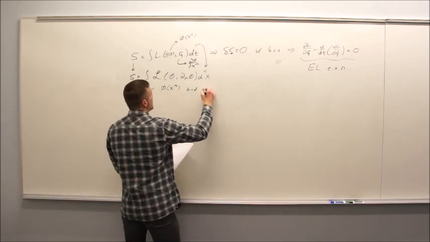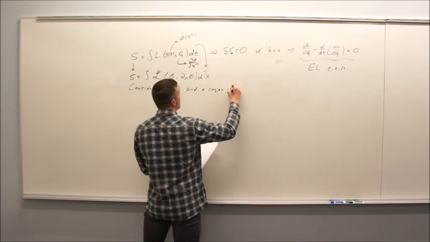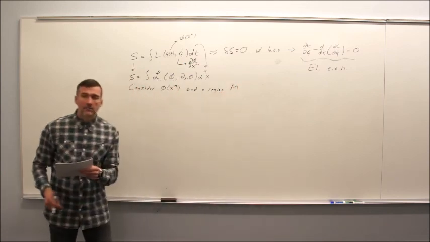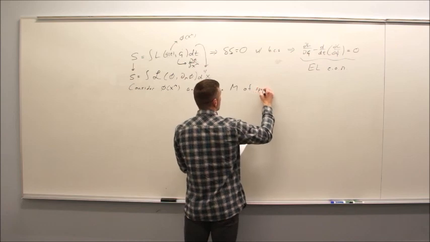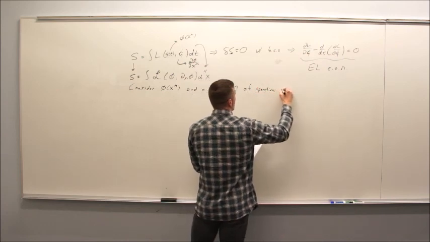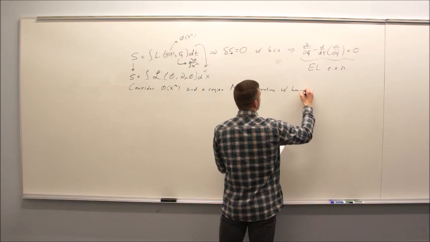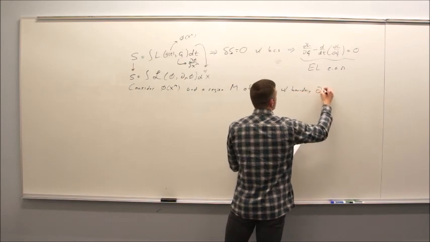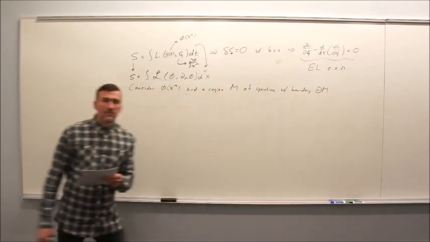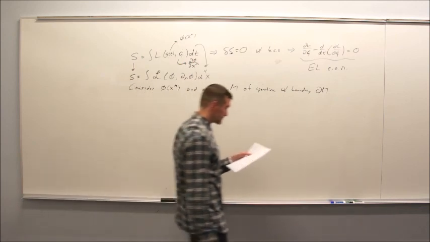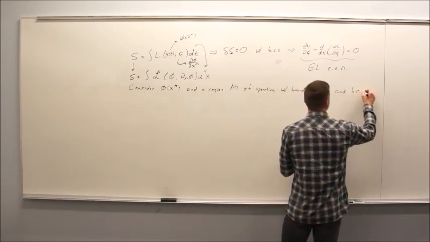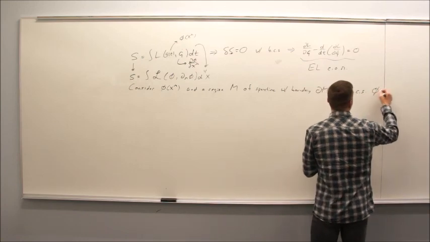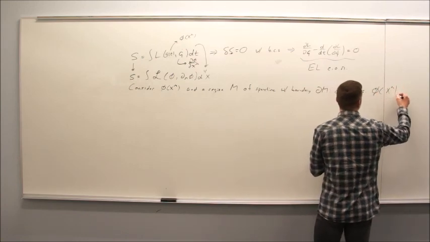And a region of space-time I'll call M, with a boundary dM and boundary conditions phi of x mu on the boundary.